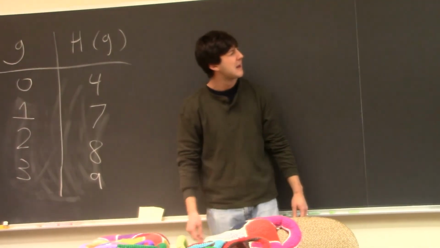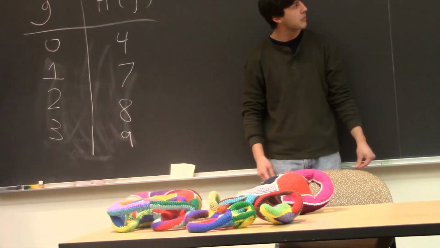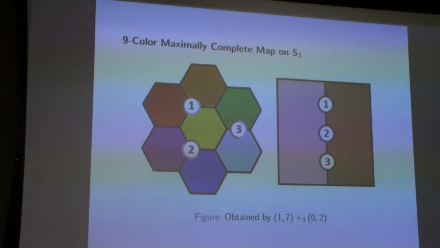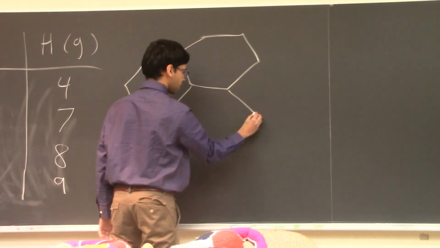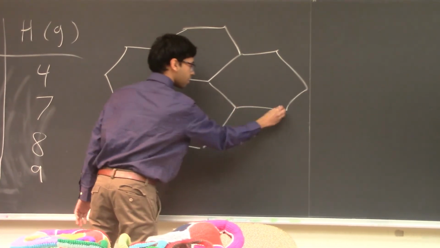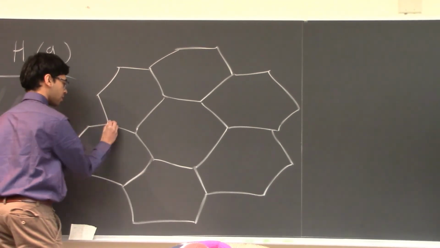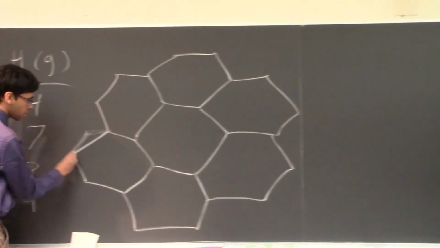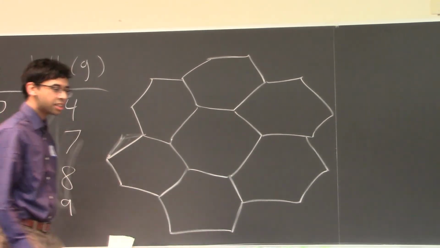Okay, so I'm going to skip over this slide, but basically it'll be explained soon. So here, now I'll present the 9-color map on the genus 3 surface. So you start with 7 hexagons, and you want to color them all different colors.